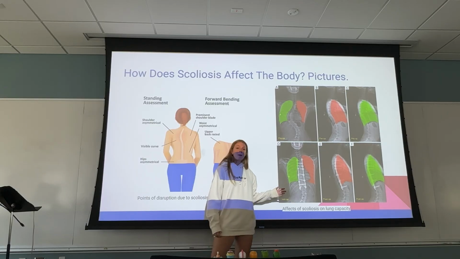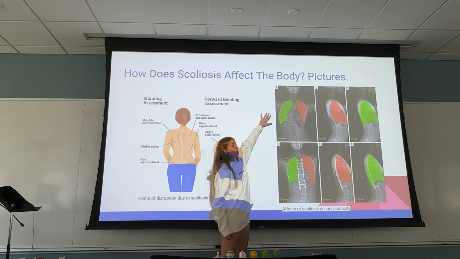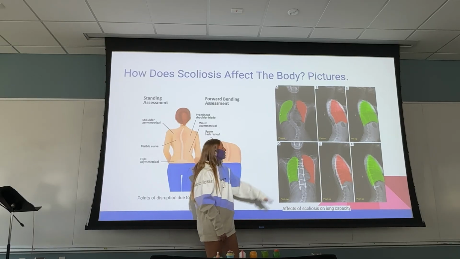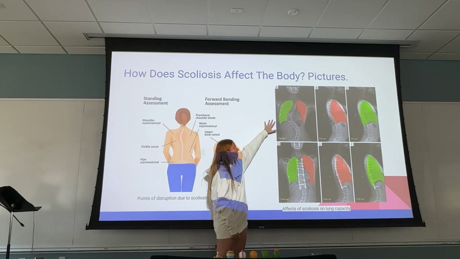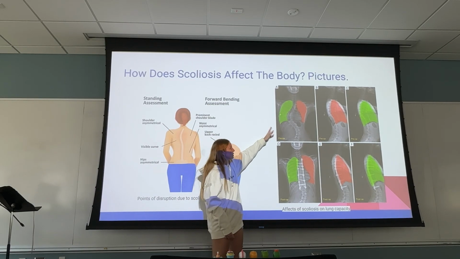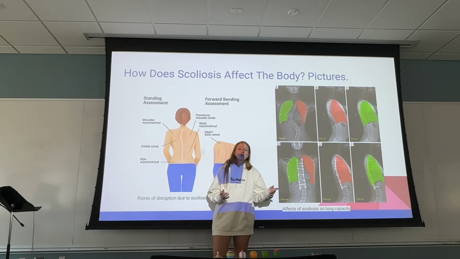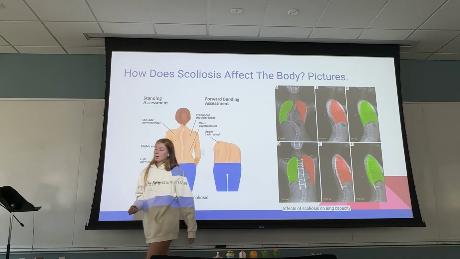And then with the lung capacity, this is a picture of someone with scoliosis, and then after it was surgically treated, and you can see in the different green and red highlighted areas that after scoliosis was treated in surgery, the lungs were a lot fuller and a lot better at being able to take in oxygen.